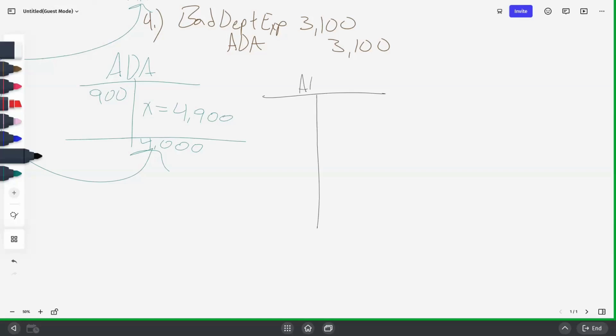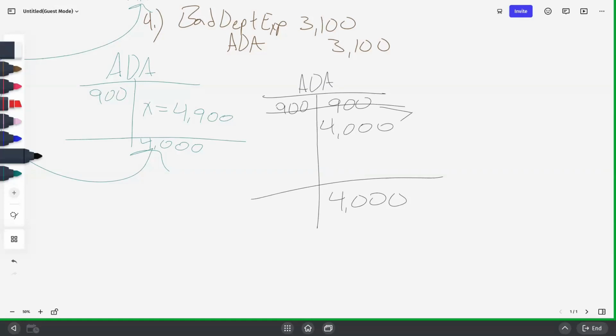But if we have 900 here, we have to first get 900 over here to cross it off before we could add that 4,000. We can't just say that 900 never existed, so we add these together to say what the journal entry brings us to, which is a $4,900 credit to get to 4,000. Does that help make sense?